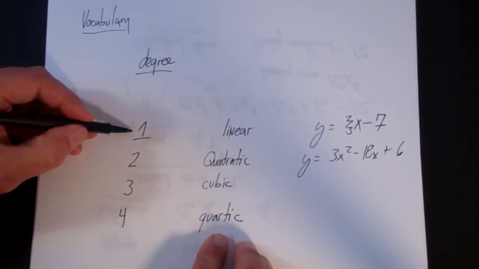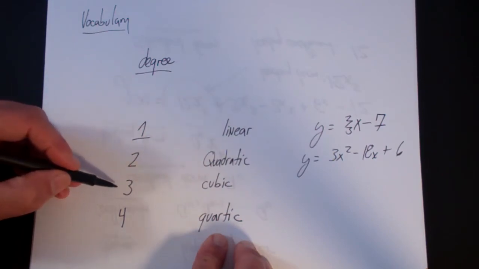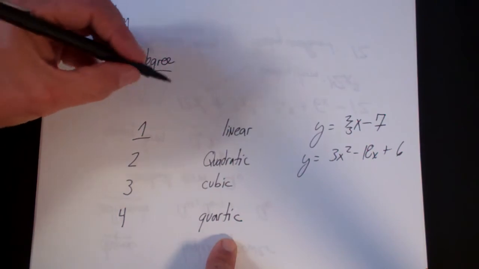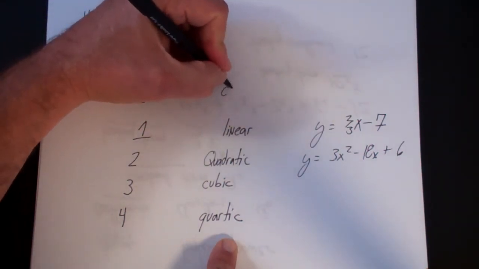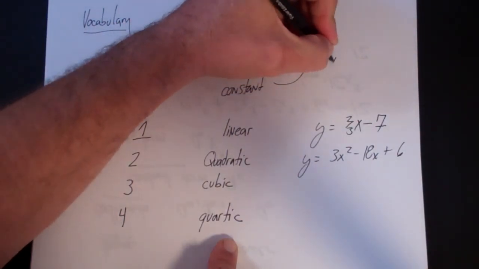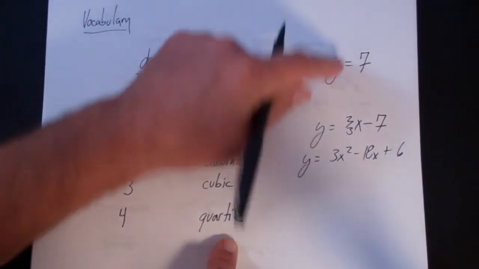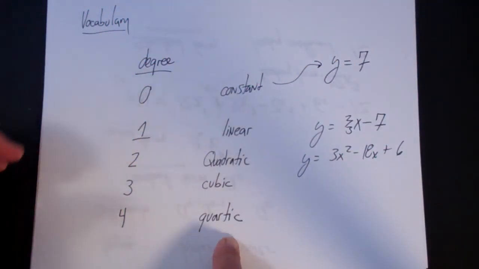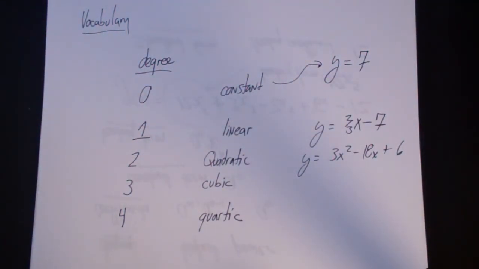So degree of 1 is linear, degree of 2 is quadratic, degree of 3 is cubic, degree of 4 sometimes we call quartic. The degree of 0 is a special function called a constant function. An example of that would be y is equal to 7. If you notice, the 7 is the same as 7x to the 0, so the degree is 0, and we call it a constant function. Anyway, that's part 1 of polynomial functions.